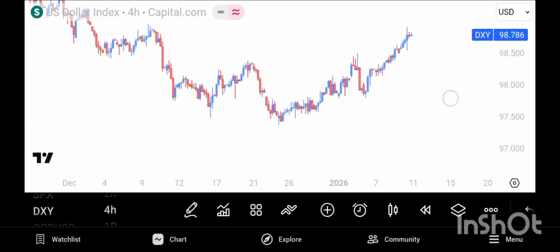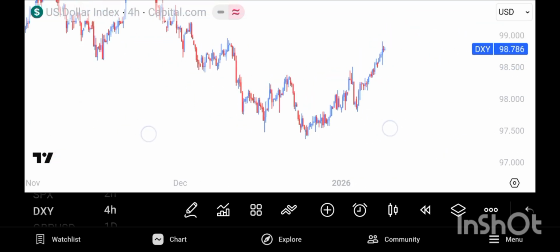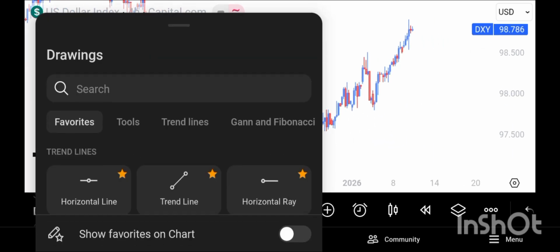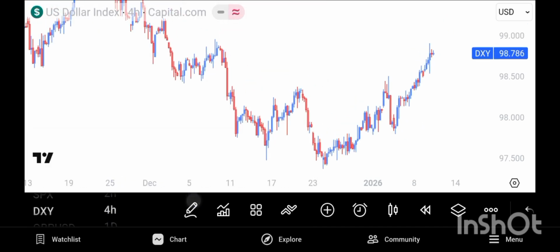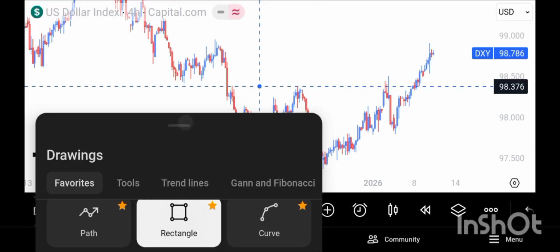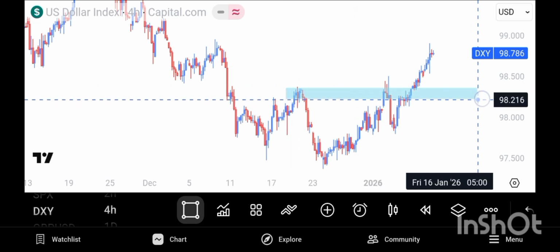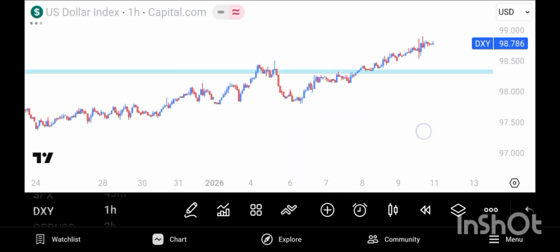We now started creating higher highs and higher lows, after coming from lower highs and lower lows. Currently we've gotten our key levels, and we just broke past a resistance zone, which is this level right here. So all I can see for the DXY is that we are heading to our resistance zone.